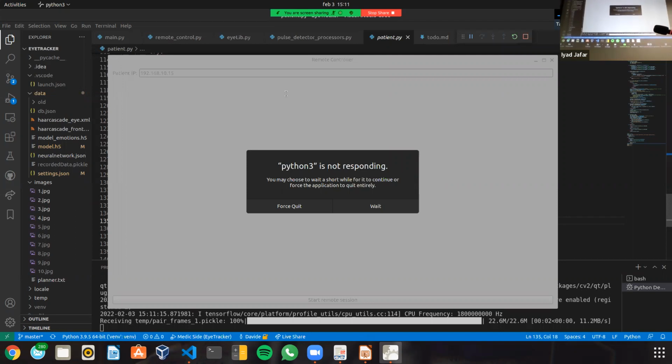But after this, you can see it is frozen, but not actually frozen. Now the Raspberry is sending the entire recorded video to the medic. And once this transfer is finished, the medic will go through the entire video again, and for each frame, it will output a prediction.